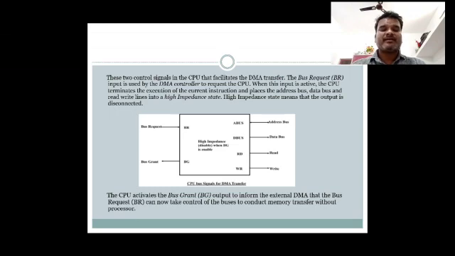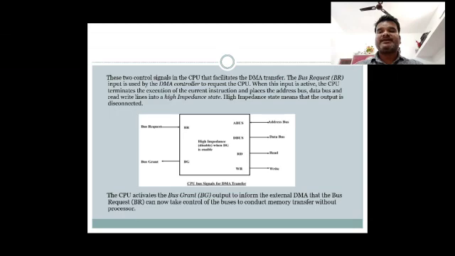Please see the diagram: bus request, bus grant, address bus, data bus, read lines, write lines. They are in high impedance or disabled when BG is enabled.